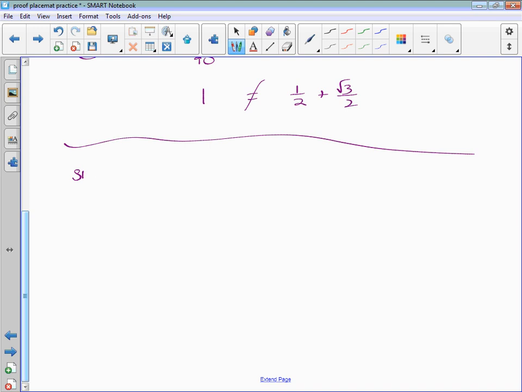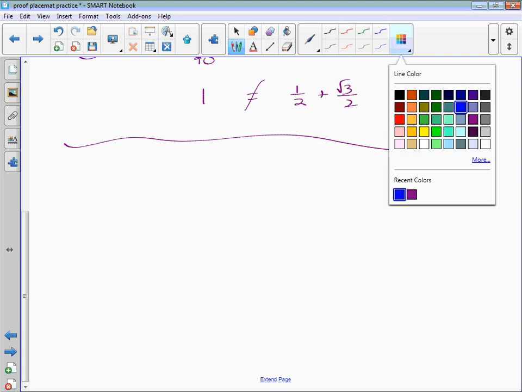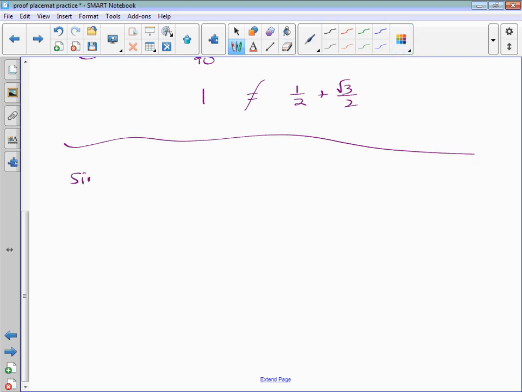So the first one. If I want to do the sine of alpha plus beta. Alpha and beta are just your two angles, like we were just doing, the 30 and the 60.